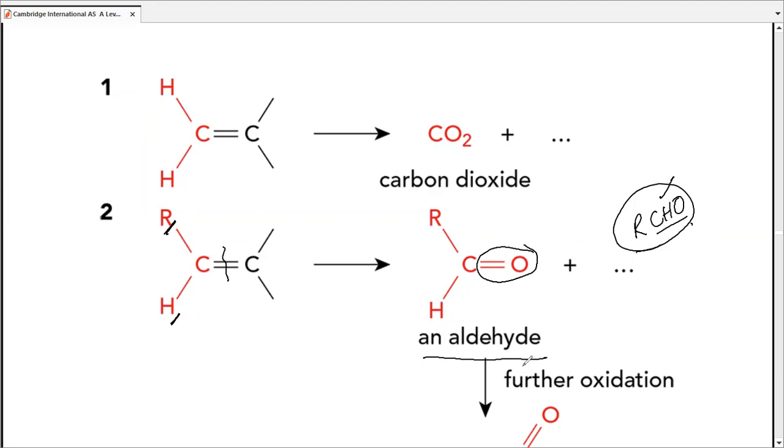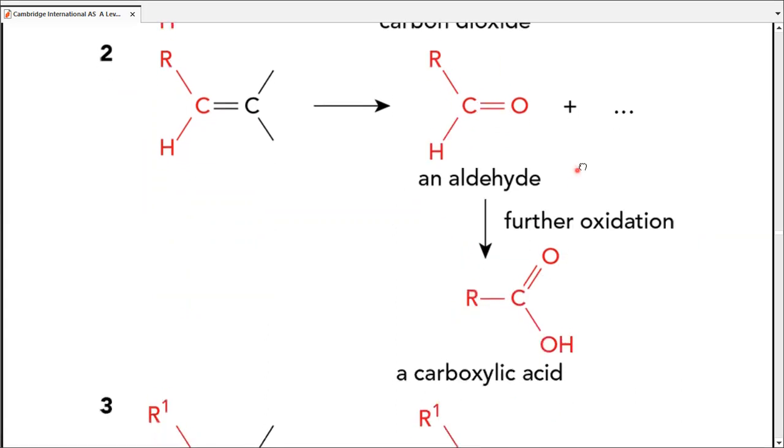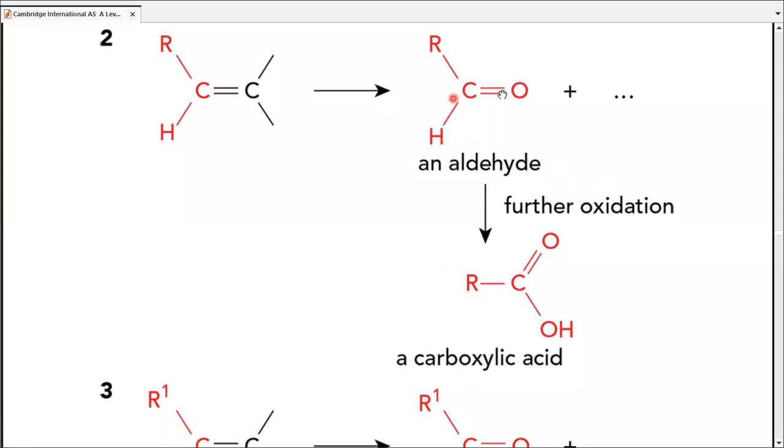So this one can be further oxidized, and the oxidation goes on if it stays in the system. If you're not going to take this aldehyde out, this aldehyde would automatically be further oxidized into a carboxylic acid. That's what happens. The R and the carbon double bond oxygen stays over there. However, this H is converted into OH, which completely makes this functional group a different one, and this becomes RCOOH.